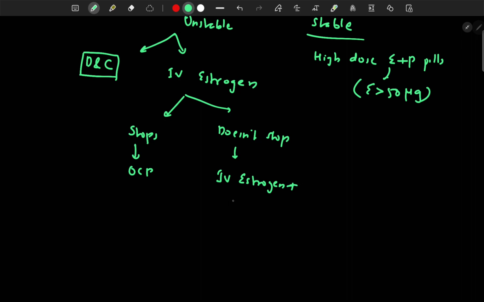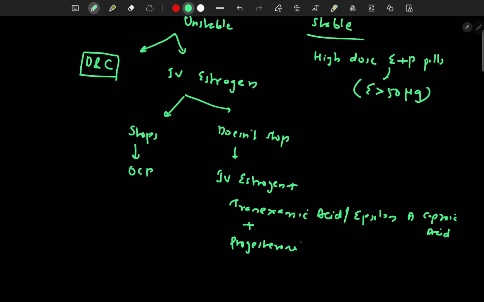This hemostatic agent can be tranexamic acid, or epsilon amino caproic acid, plus progesterone for 1 to 2 days.